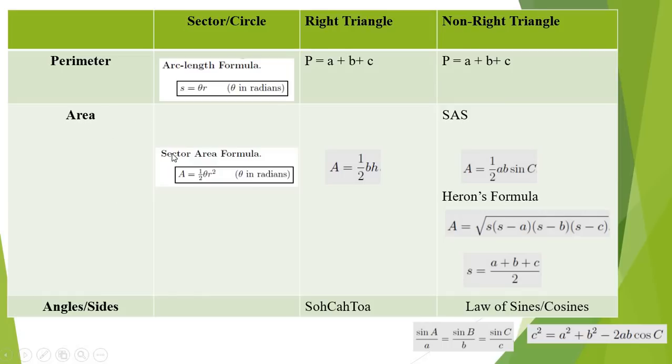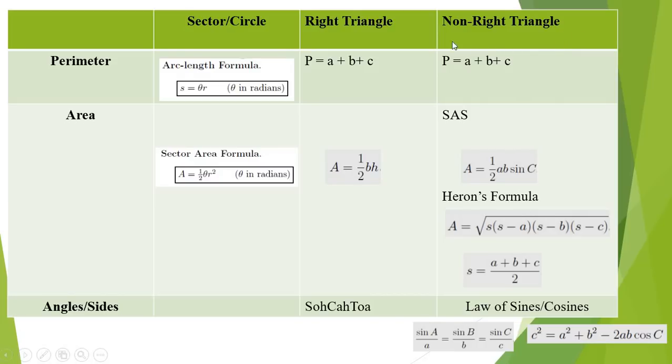And to determine the area, you use A equals 1/2 theta r squared, where your theta is again in radians. Now, for right triangles, you can determine the perimeter by simply adding all the sides. The area is equal to 1/2 bh. And to determine the angles, you can use SOHCAHTOA.